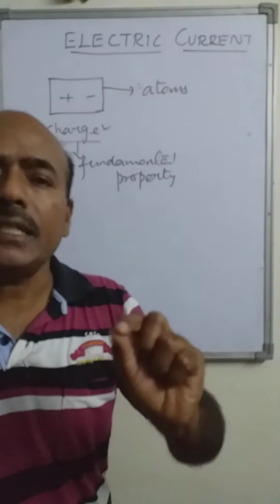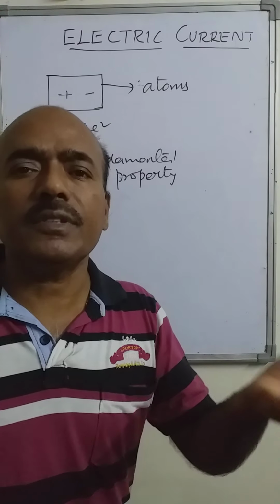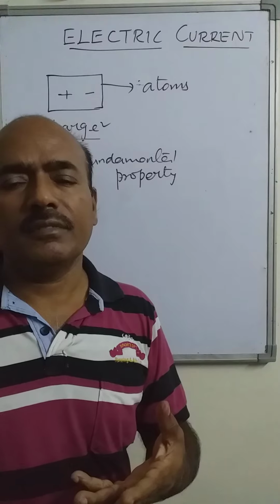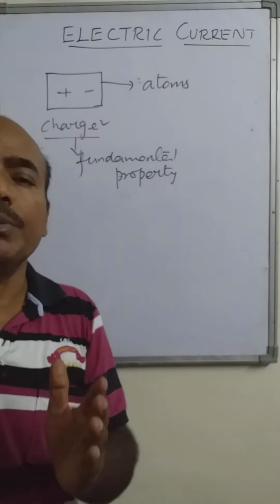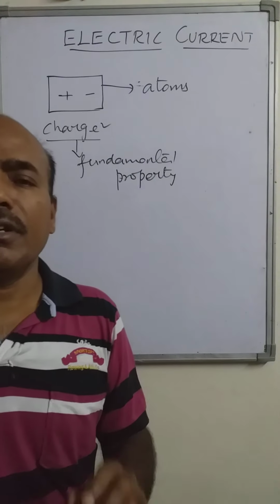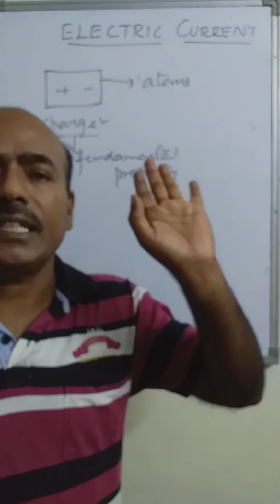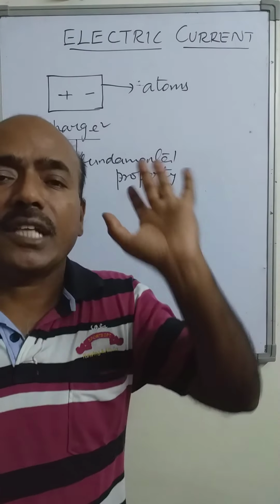So, plus 1 and minus 1, it gives 0. 0 is neither positive nor negative. So we say that a matter is neutral. It is because number of protons and number of electrons in that matter are equal. That's why we say the matter is neutral. All the matter are neutral, uncharged.